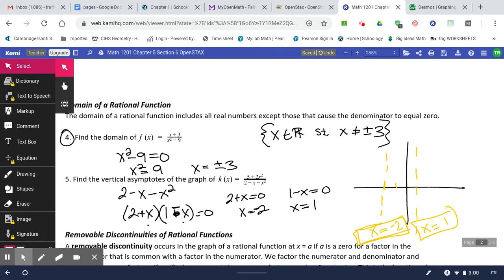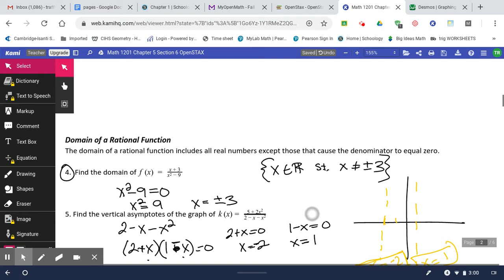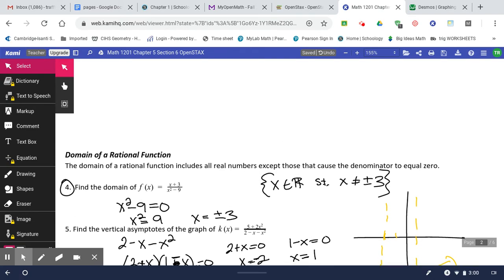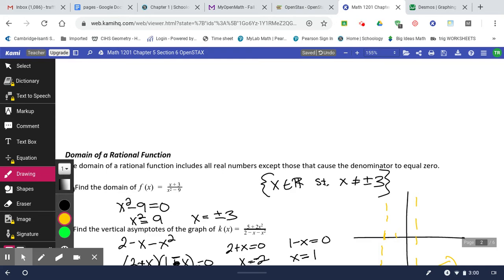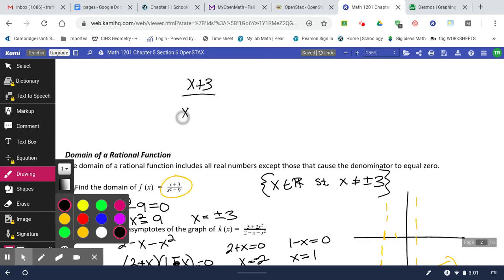Now, if we go back up to number 4, what's going to happen here? Well, number 4 becomes something called a hole. So if we look at this equation, I have x plus 3 over x squared minus 9. Do you agree that that's x plus 3 over x plus 3 times x minus 3?